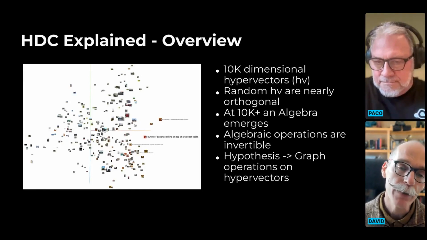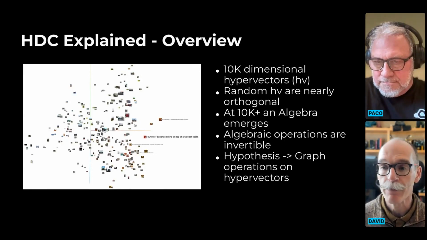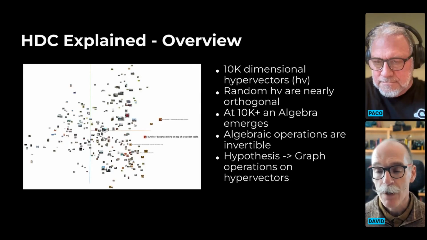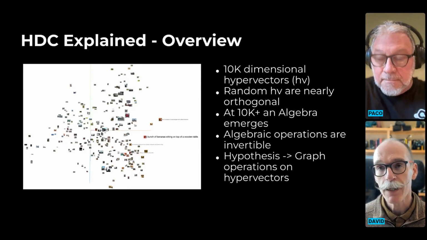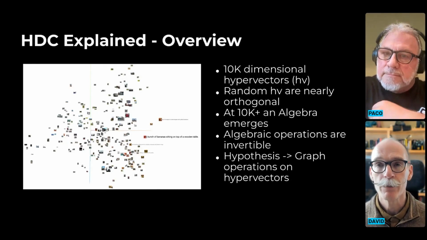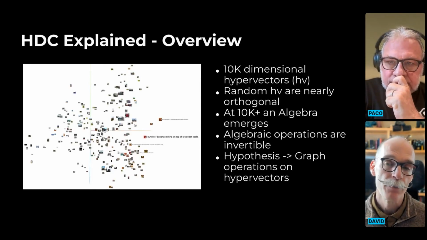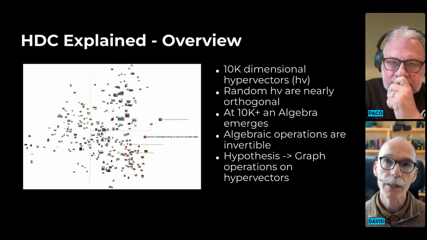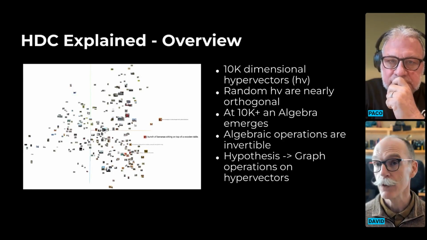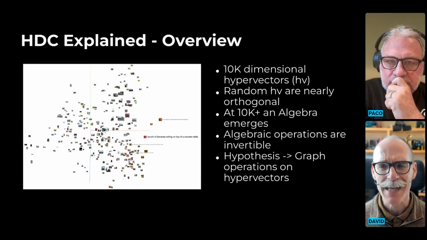That CLIP model we use to make this projection that you see here, I believe it's 523 dimensions. But really the entry point into hyperdimensional computing, that floor, is around 10,000 dimensions. And once you get 10,000 or more dimensions, some interesting things happen.